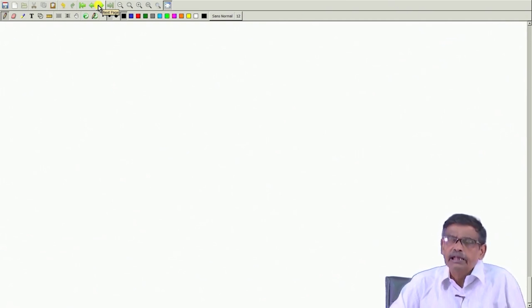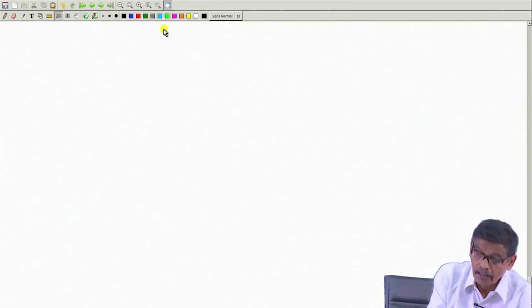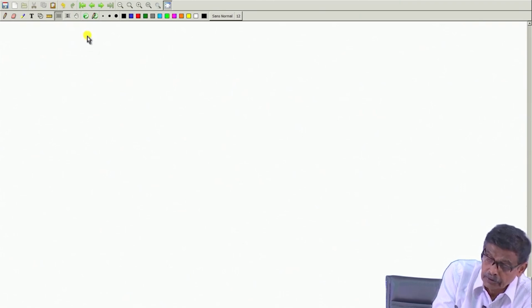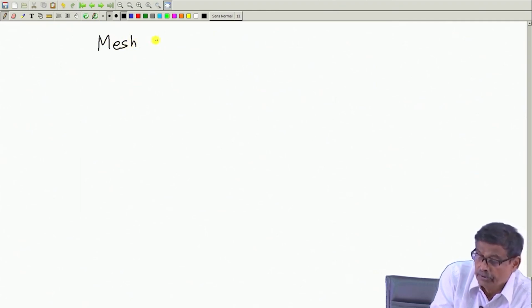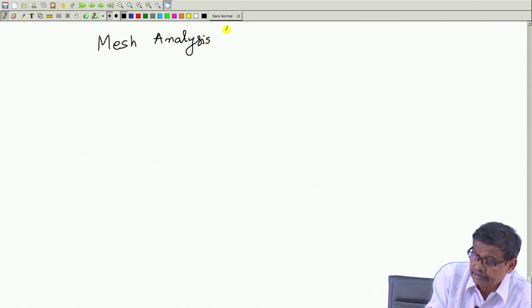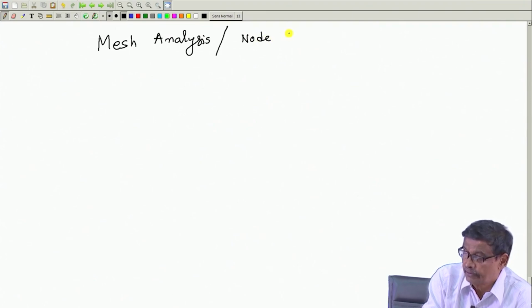To begin with, I will discuss these two methods. So, we will first be discussing two very popular methods. One is called mesh analysis, which you know, but let us review those things. Mesh analysis and then node analysis of circuit.